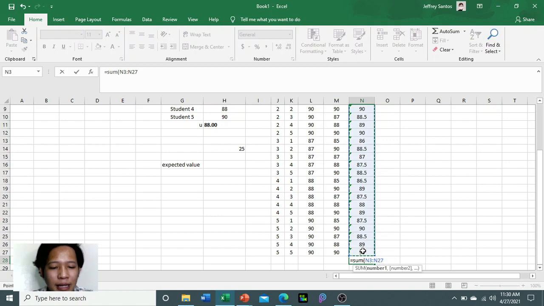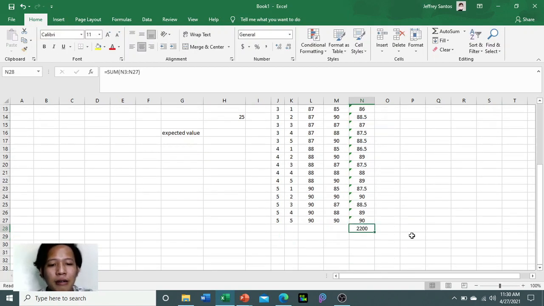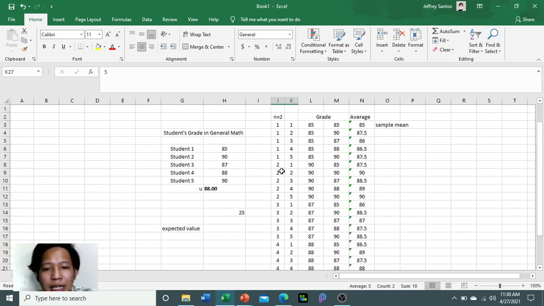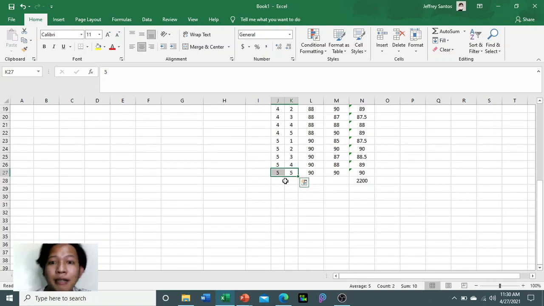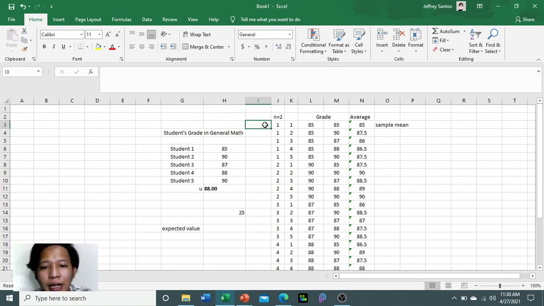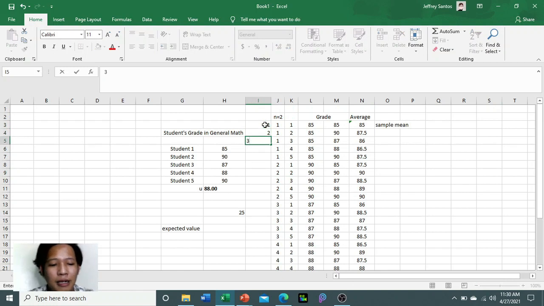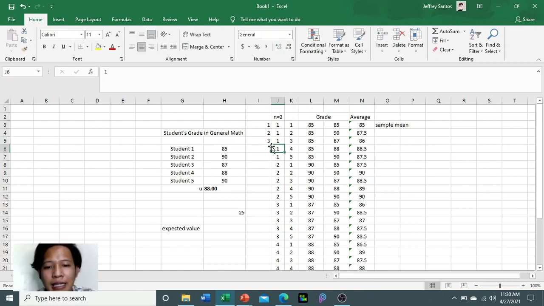Okay? And then, what we're going to do with this one is for us to divide it with the number of samples we have here. Alright? So, kada trial natin, dalawang sample. So, how many samples do we have in our sampling distribution? Bilangin natin. Kanina, tinignan natin, that is 25.